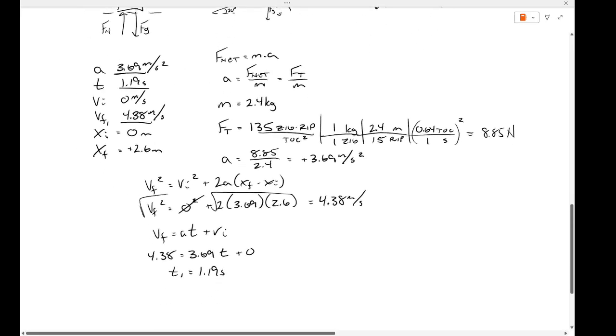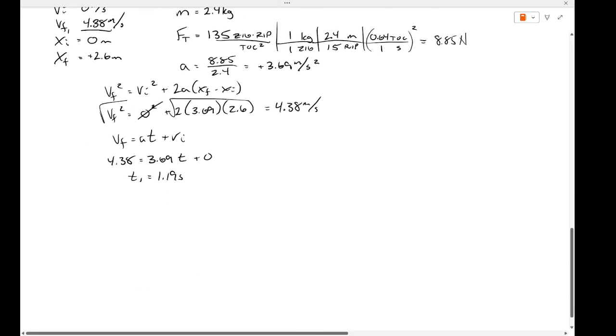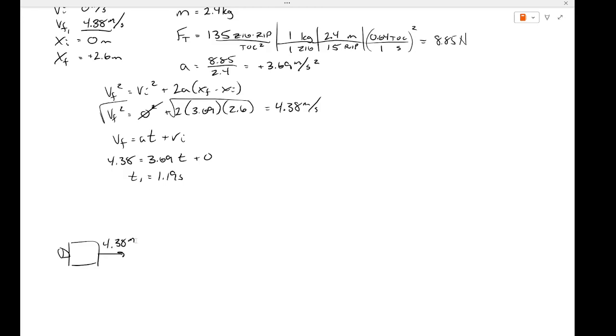So we now know this cart, with its little thruster, now has a velocity of 4.38 meters per second. And we have this other small cart that's at rest. They're going to have a collision, and after the collision, this big cart and this little cart are going to be stuck together, moving at a final velocity together.